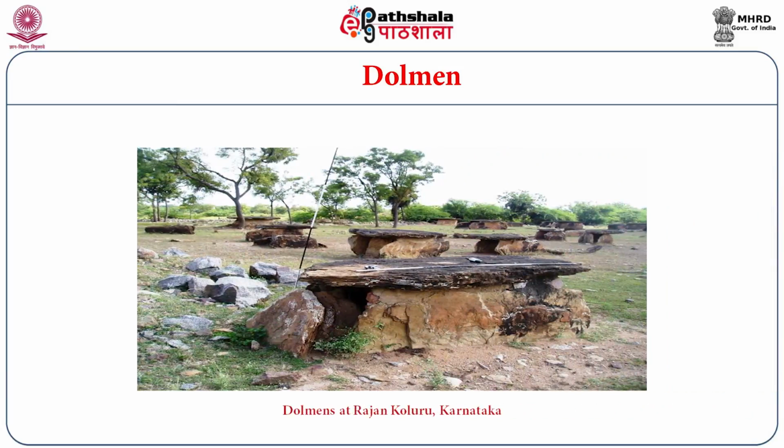You can see these dolmens were made of undressed slabs and they are jutting over a specific area. Clearly people were demarcating certain area as the burial location. That is why we are finding them concentrated in a particular location.